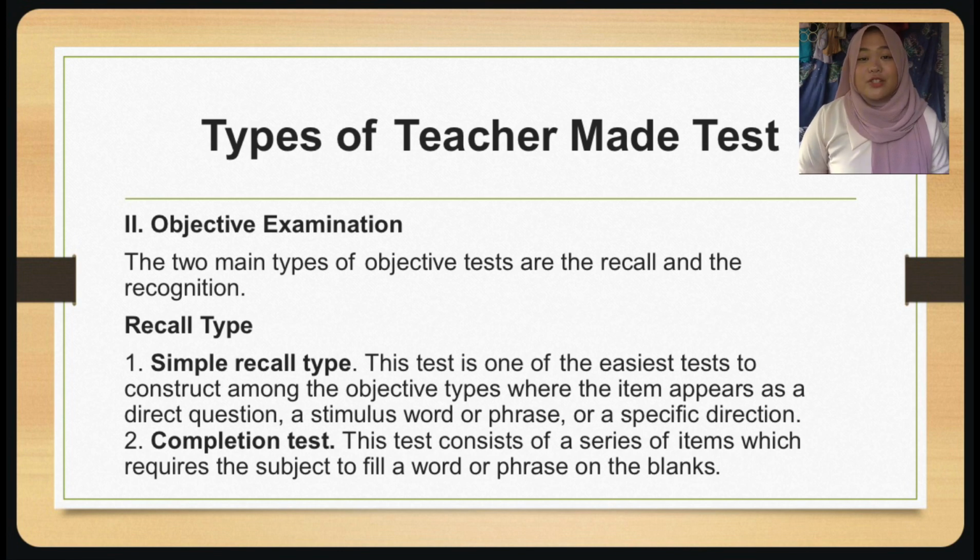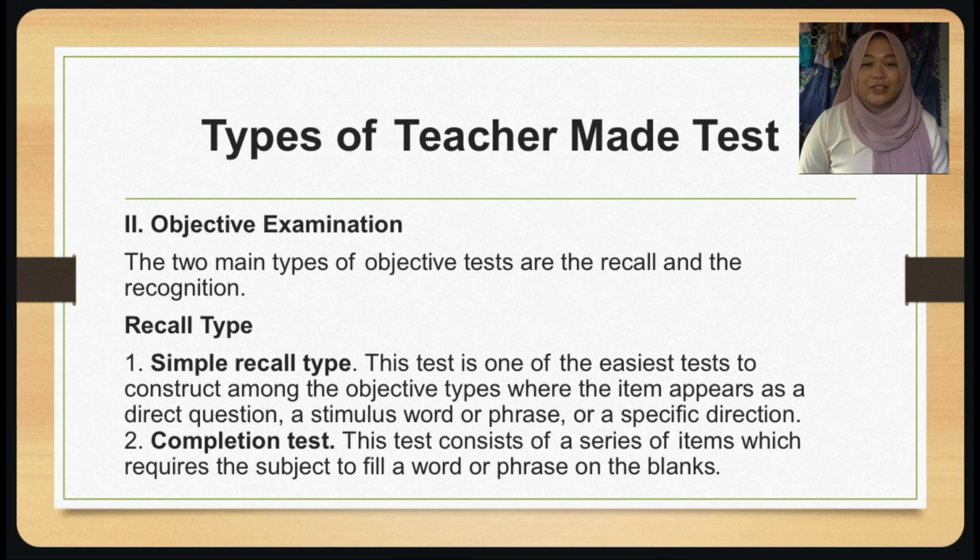So, the questions or prompts are usually open-ended and do not provide any hints or clues. This means that the students cannot rely on any external aids or cues to help them remember the information that they're going to answer. The two subtypes of recall examination are simple recall and the completion.